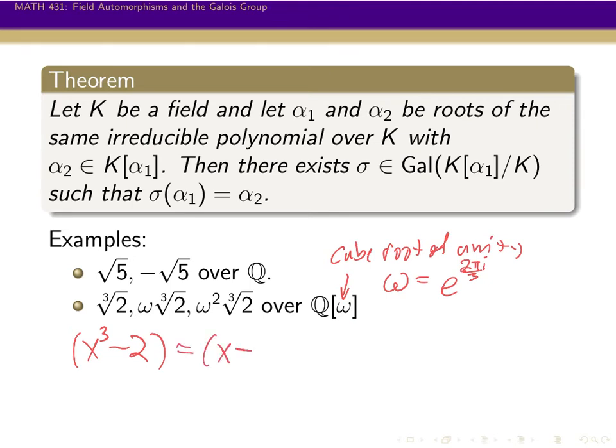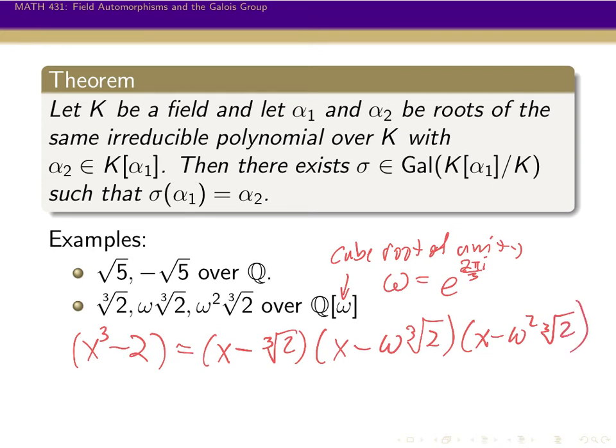It gives us our three roots: x minus cube root of 2, and then it has the two complex roots. One of them is omega times the cube root of 2, and the other one is the other cube root of unity, omega squared times the cube root of 2. And so if we adjoin the cube root of 2 to Q adjoin omega, we're going to have the cube root of 2 in there.